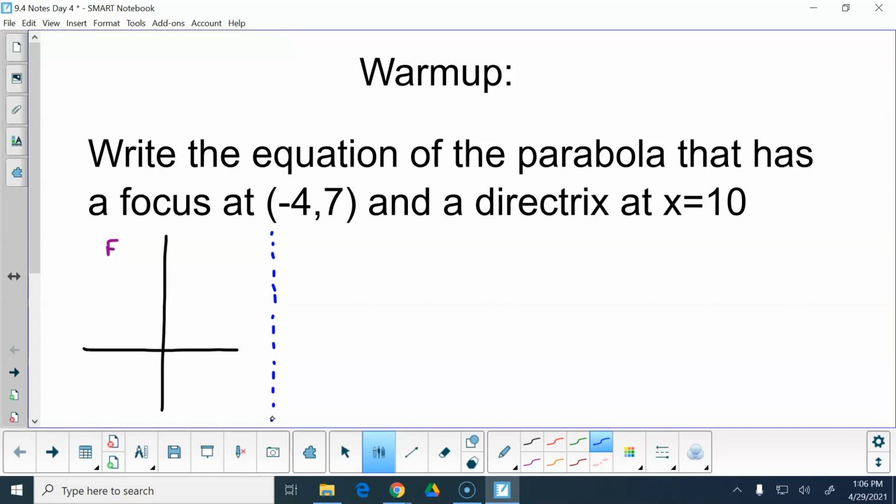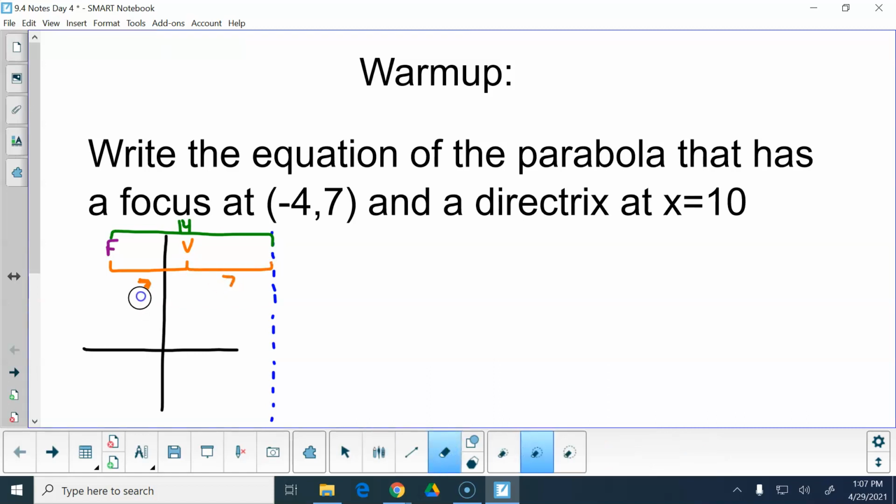So we know that this distance here is 14. Yes? So about the halfway point would then be the vertex. That gives me a distance of 7 there and 7 there. Yeah.